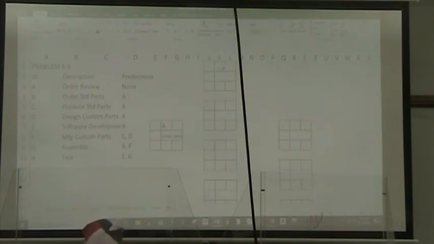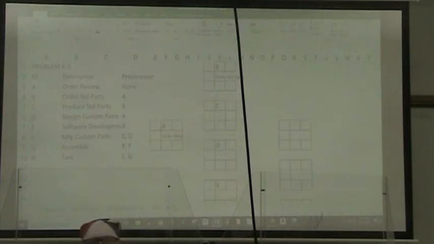So that means we put B here, or I could say equals my B, equals my C, equals my D, and equals my E. For B, I just say equals my order standard parts, except I want it to be left justified and a lot smaller.